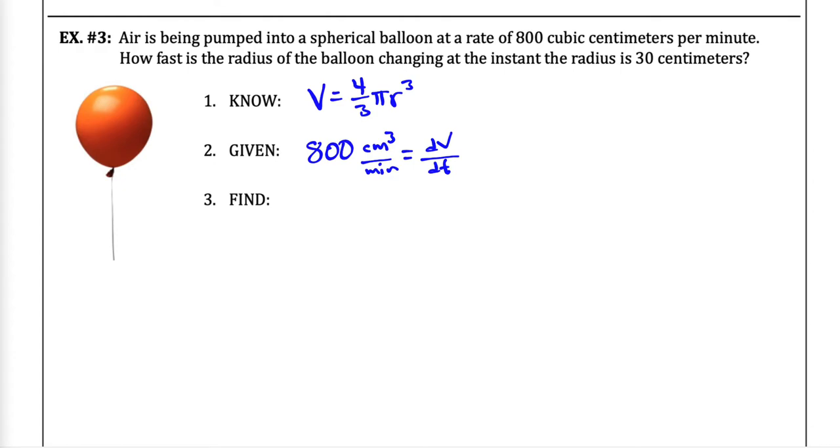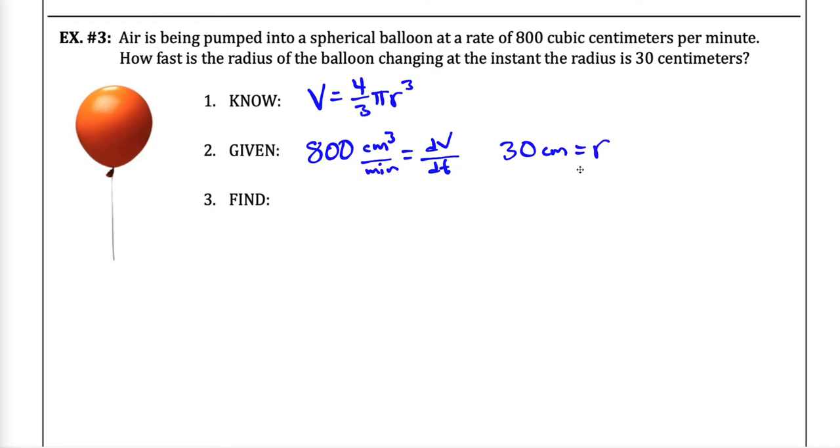Grace, do you want to pass it on to somebody else? Sure. Maddie? Oh, okay. Maddie, there's one other number in the problem. 30 centimeters. Okay. And then that represents what? The radius. Perfect.